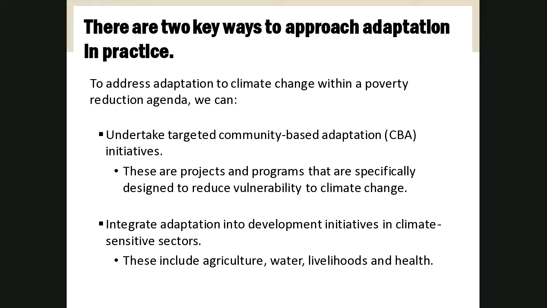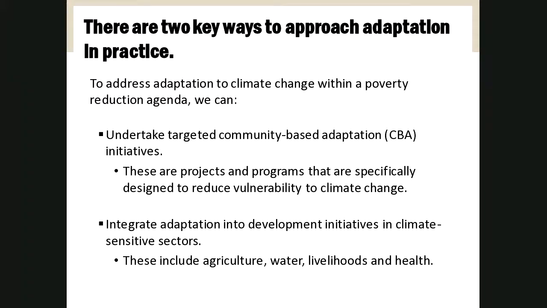There are two key ways to approach adaptation. One is undertaking adaptation initiatives with the community, and the other one is about adapting in the development areas like agriculture and water.